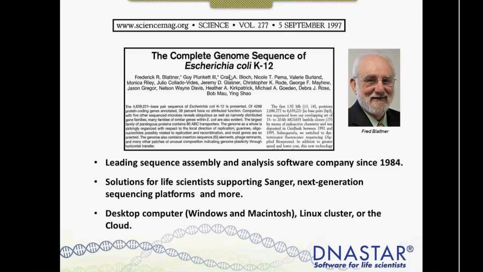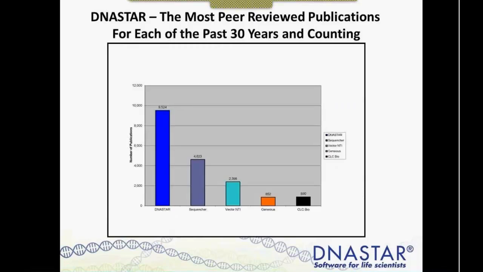Our goal since the beginning has been to develop powerful tools to put in the hands of researchers so that they can work with their sequence data and do their own analysis, using their personal computer, and of course getting support from a company like DNASTAR. Over the past 30 years, DNASTAR software has been cited more than any of our competitors.